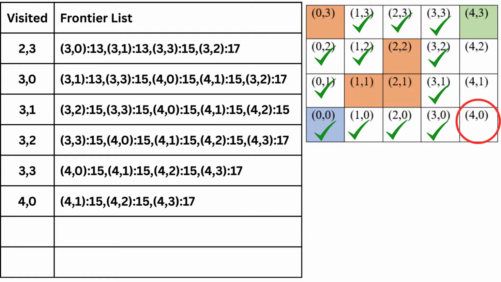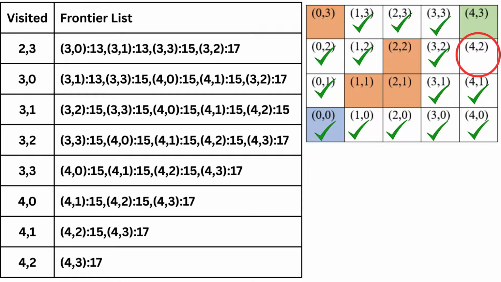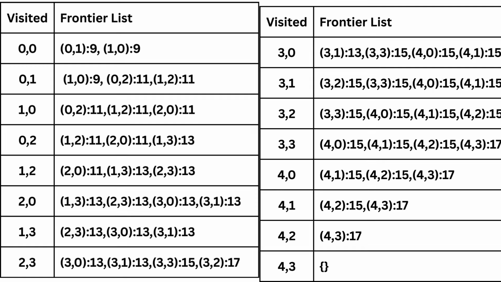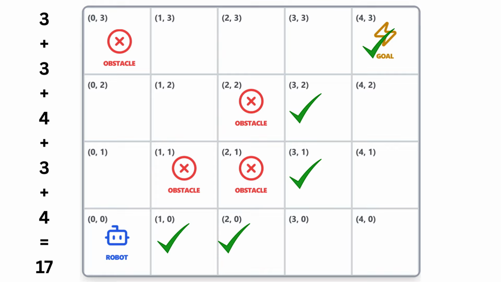Now we will visit 4,0, then 4,1 and 4,2. No change will take place in the queue. Finally, when we expand 4,2, we get the goal node, that is 4,3. So here is the complete order of traversal of nodes. The path would be 0,0, 1,0, 2,0, 3,1, 3,2 and 4,3. And the path cost is 17.